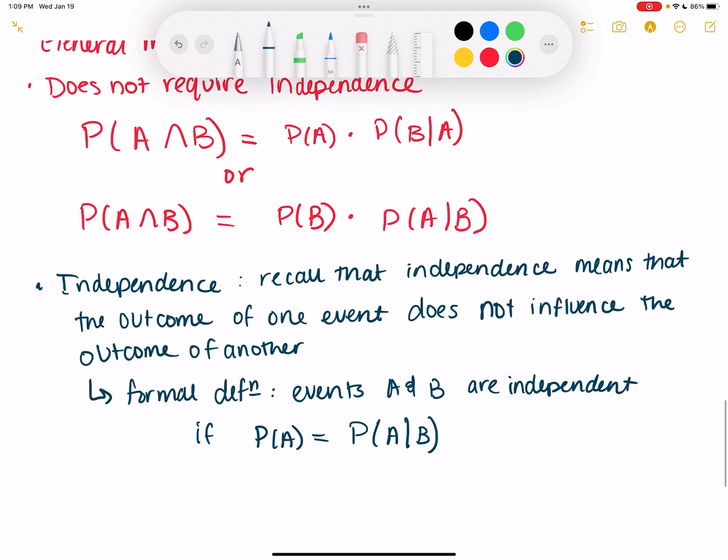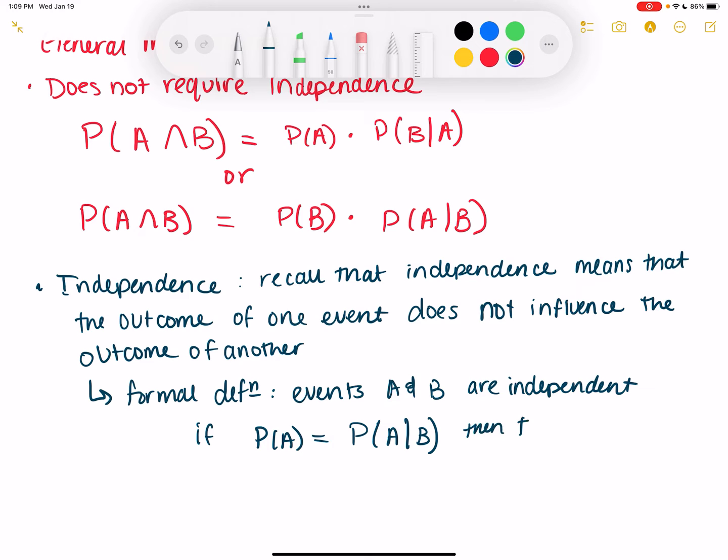So if I tell you to show me they are independent, this is what I'm looking for. Because this would say that the probability of A given B does not change what the probability of A is. A doesn't change based on whatever happened with B.